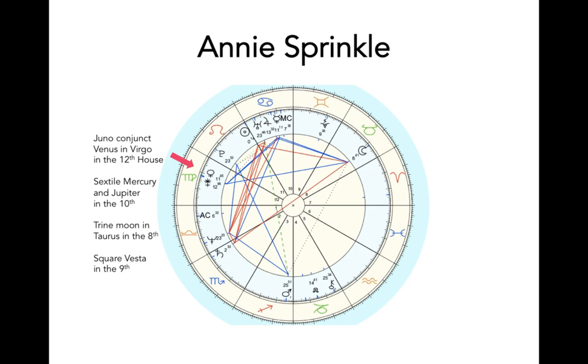So there's that Venus-Juno conjunction, a merging of the erotic principle of Venus and the commitment-focused relationship principle of Juno. Annie Sprinkle does work with her partner, as far as I can tell from her website and reading her biography. So there is a committed partnership here that is also committed to Venusian-like activities and learnings.